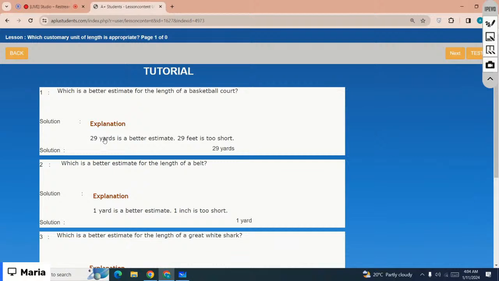That is a comparison between yards and feet. A basketball court is not 29 feet. 29 feet is too short for a basketball court. It must be 29 yards. The correct option is 29 yards.